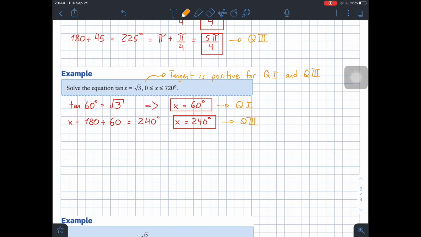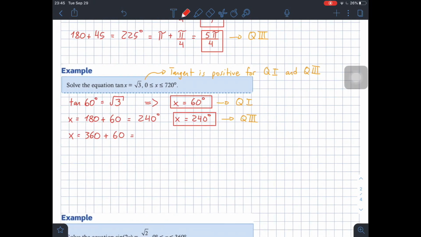Now, I need to consider the second rotation as well. So another possible value of x would be if I do one full rotation, which is 360 degrees, plus 60 degrees, which is our angle that gives us this value over here. So another possible solution is 360 plus 60, which is 420 degrees. So another possible value of x would be 420 degrees.